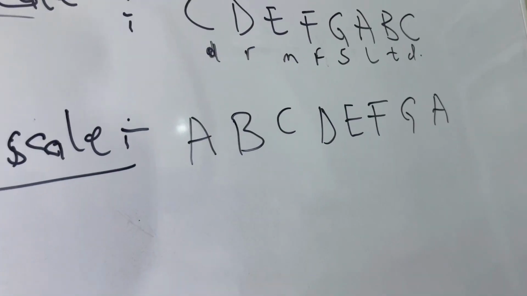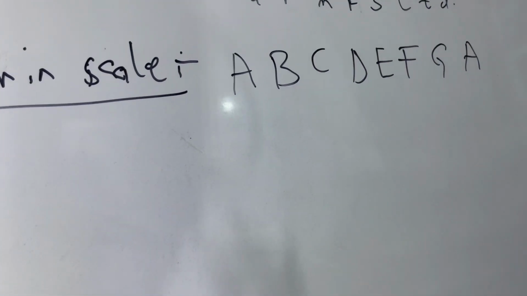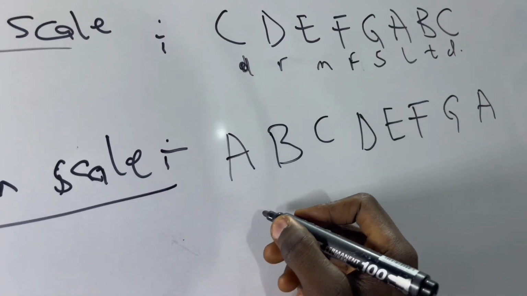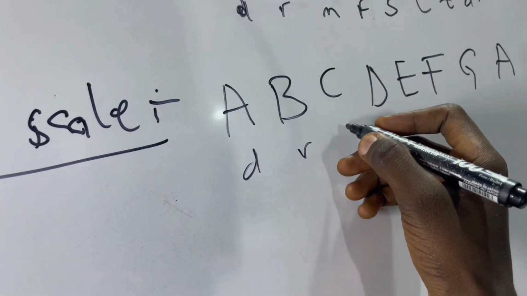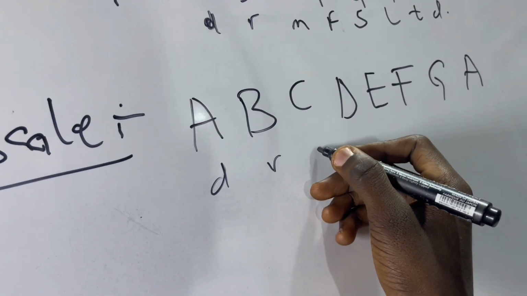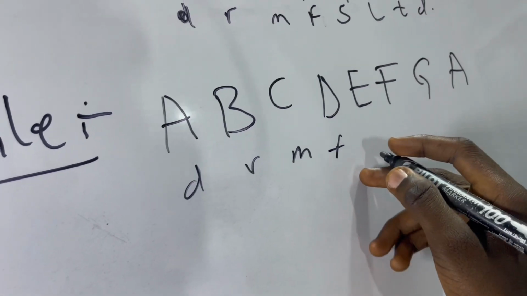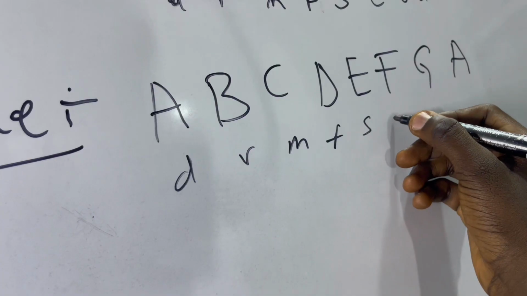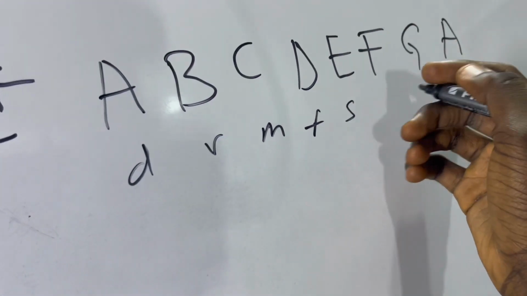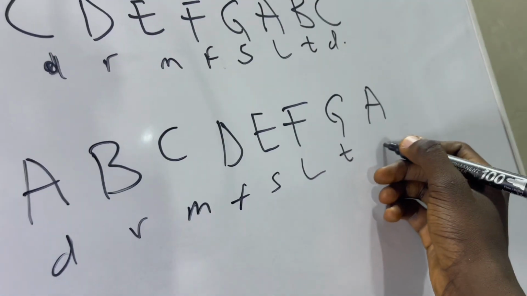But when it comes to A minor scale, A is our do, B is our re, C is our mi, D is our fa, E is our so, F is our la, G is our ti, and back to do.